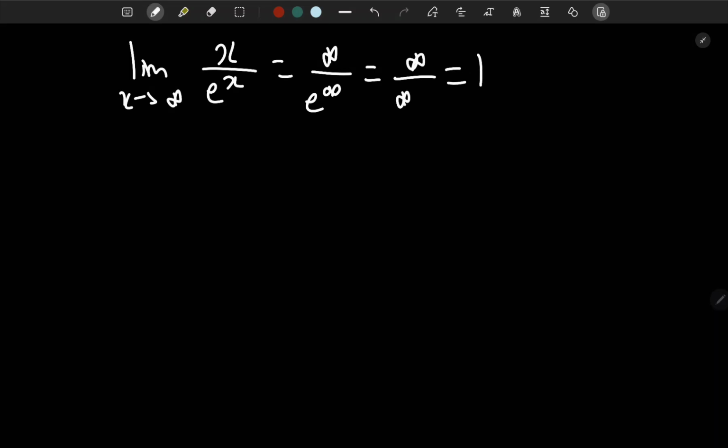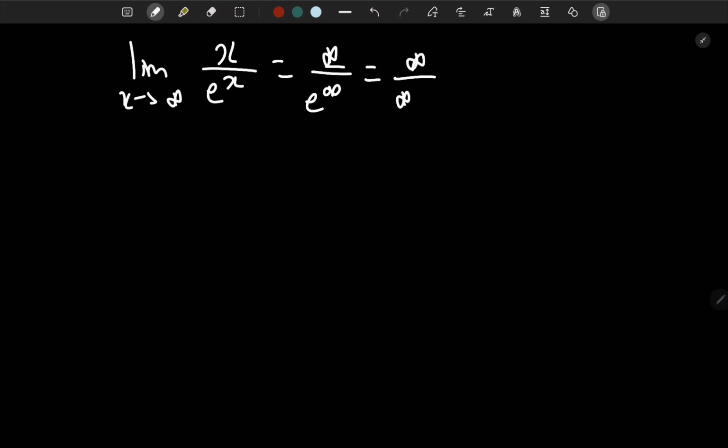Some people might say it's 1, but the thing you have to be very careful about and think about is, which infinity is increasing at a faster rate here? Is it going to be just the letter x here, which is infinity, or is it going to be an exponential function? Since e to the power of infinity, as we know in our calculus, exponential functions increase at a very fast rate compared to a normal linear function, right?